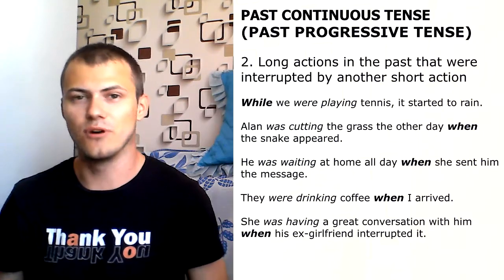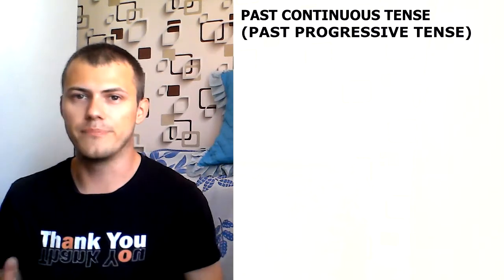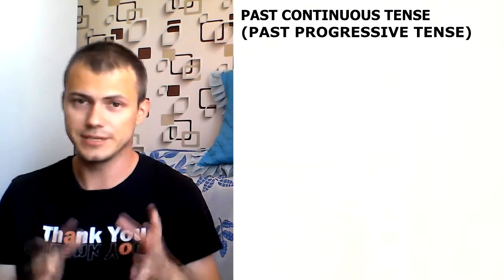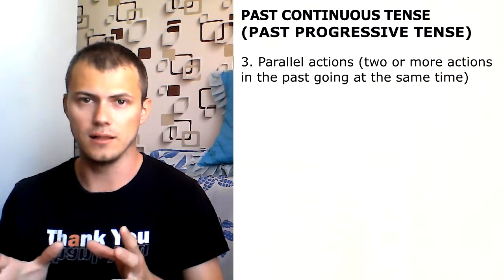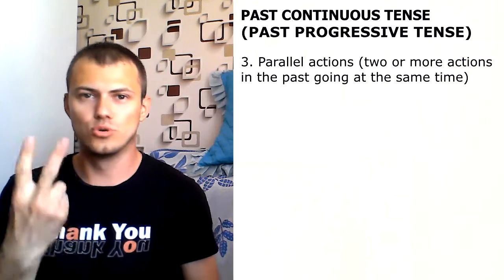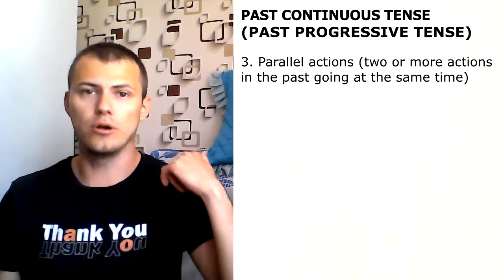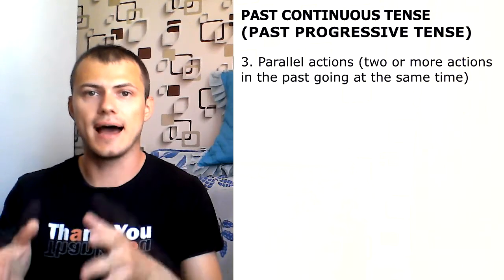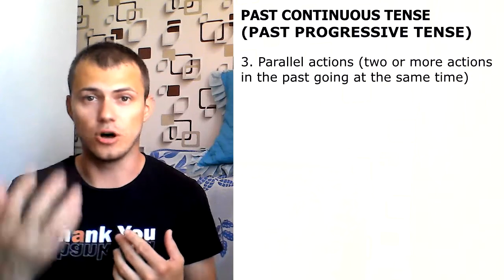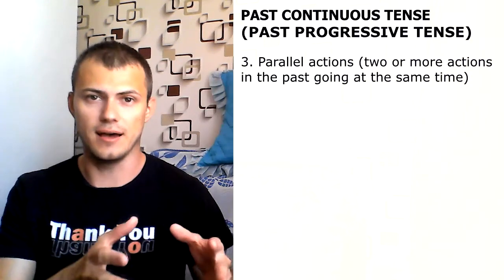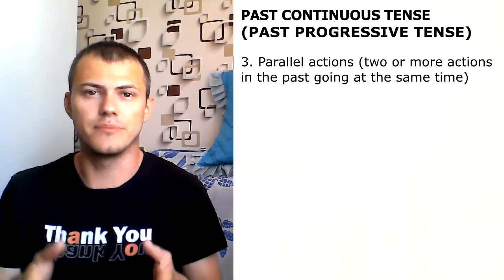So let's move on. The third usage of the past continuous tense is when we talk about some parallel actions, or two or more actions that were going on at the same time in the past. And please notice that neither of these actions is happening in the present.